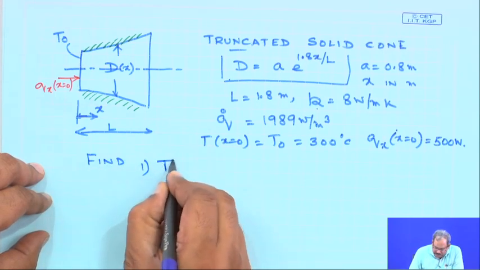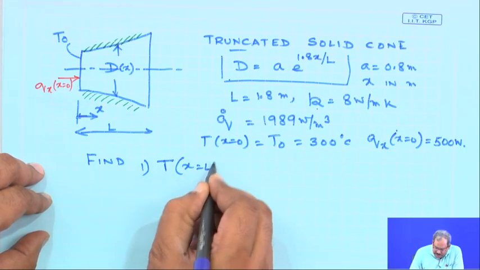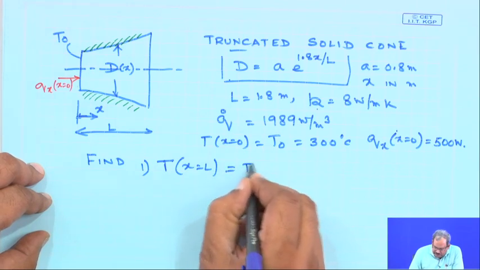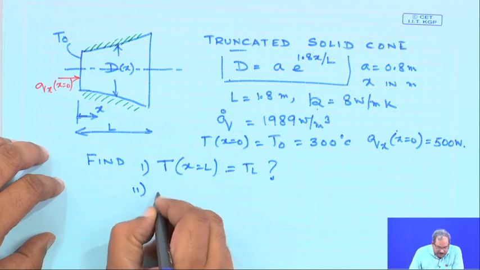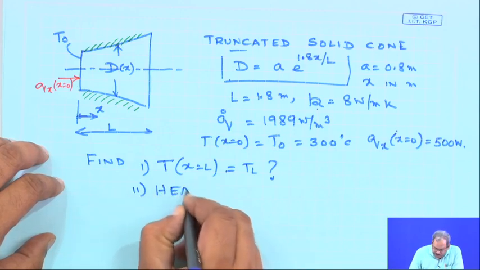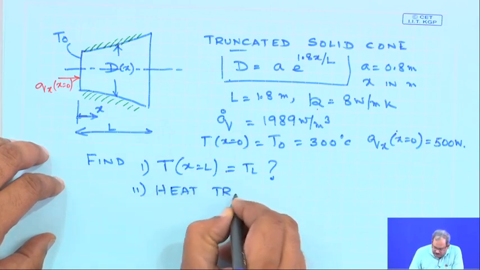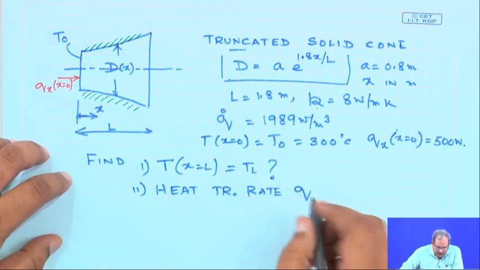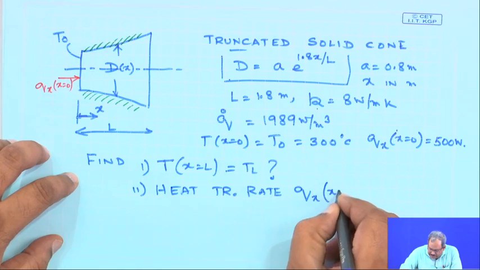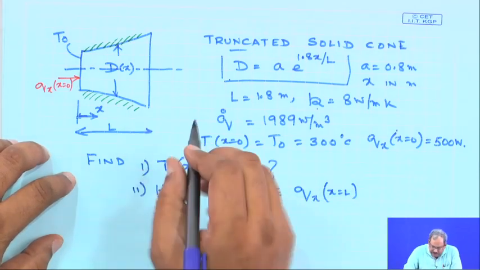Find, first, the temperature at x equals L, that is, the value of TL, and second, the heat transfer rate Qx at x equals L at the right hand surface.